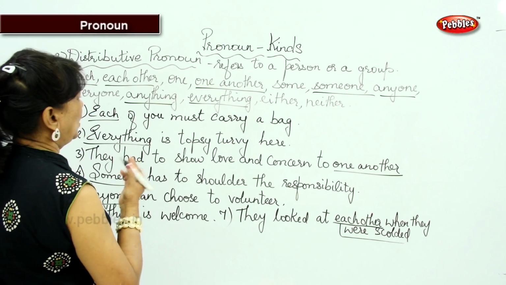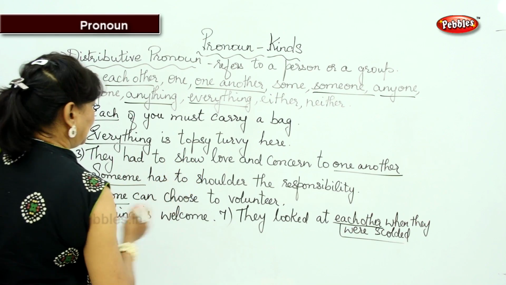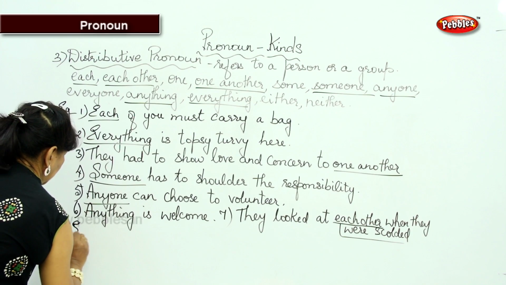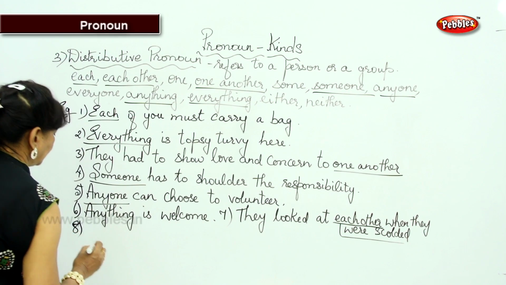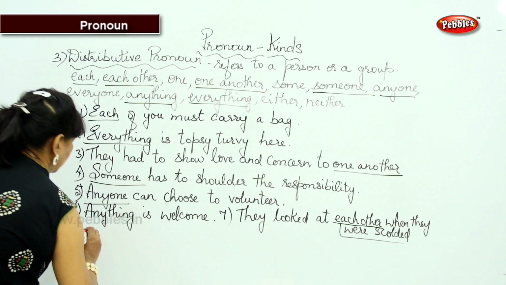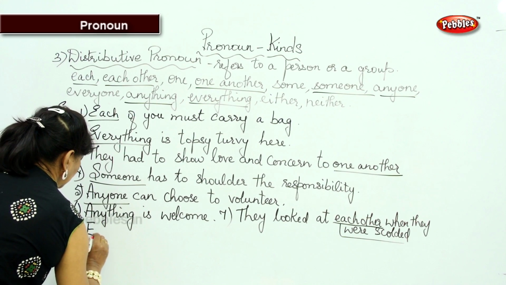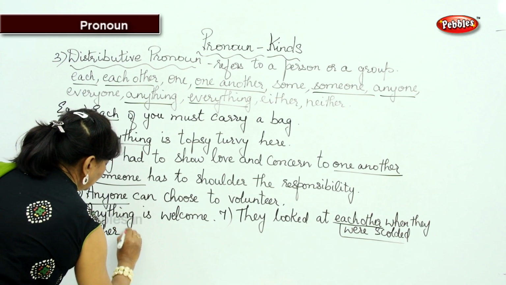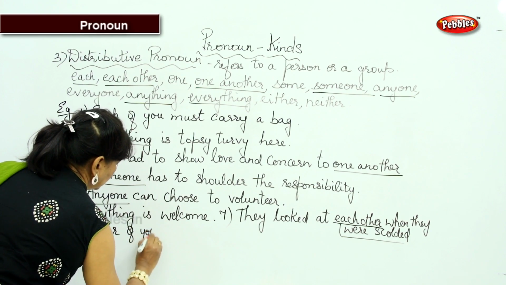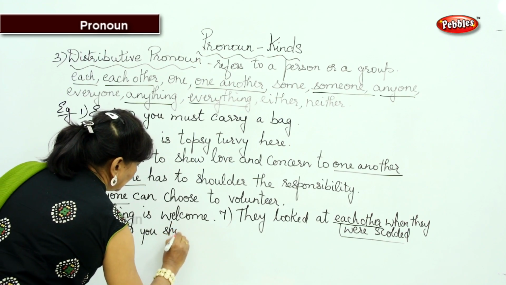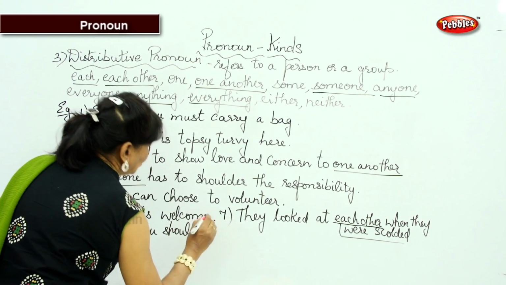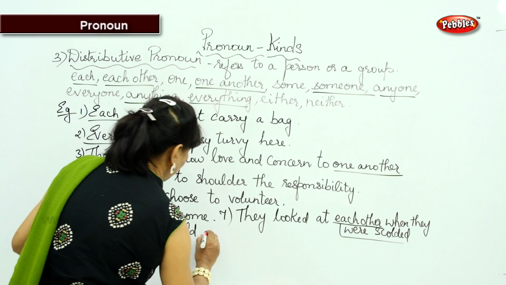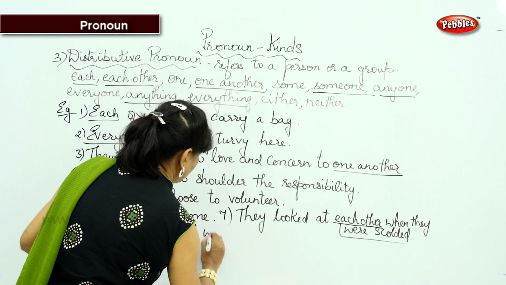Okay, now one and some and all you know. I am going to do either and neither. This is 8. Either of you should choose to, or either of you should walk out.